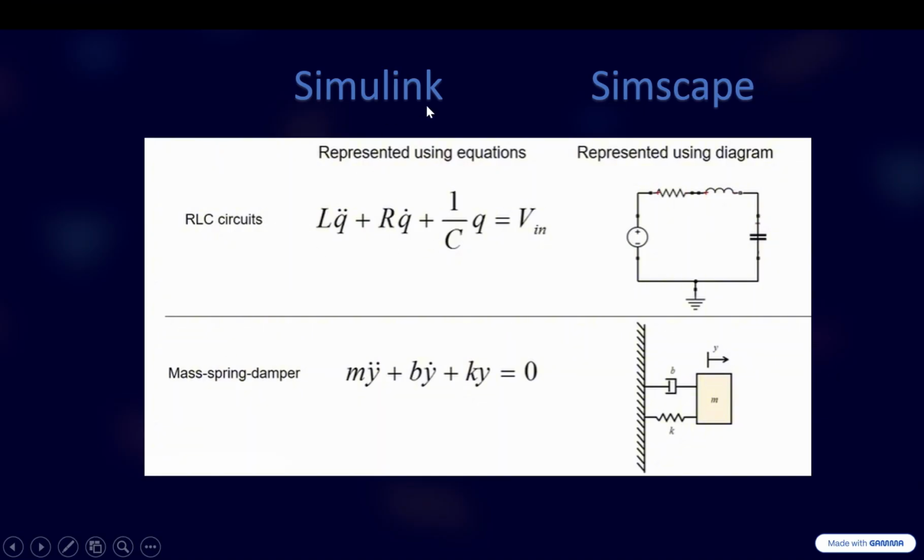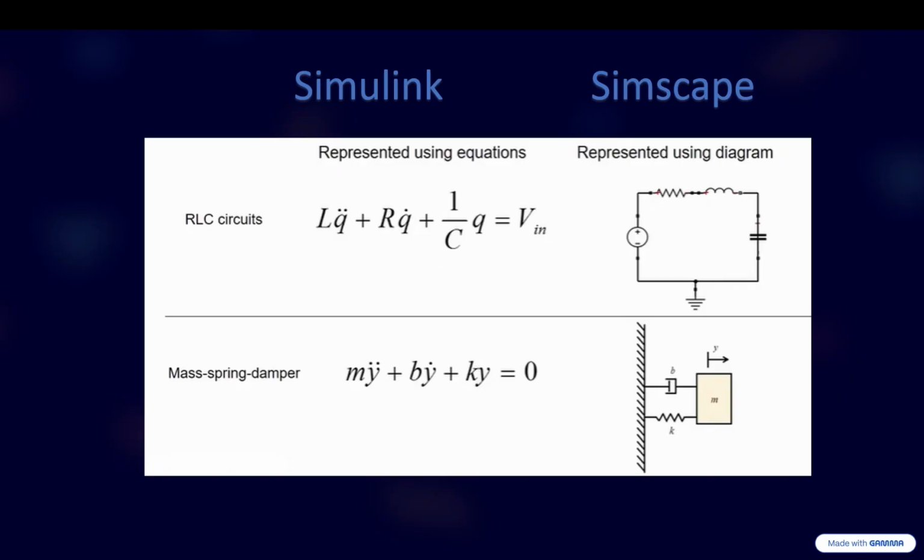This slide clearly shows the difference between Simulink and Simscape. On the left, we can see the mathematical equations, for example, the RLC circuit and the mass spring damper system. This represents how Simulink models a system using equations and signal-based logic to describe the behavior.